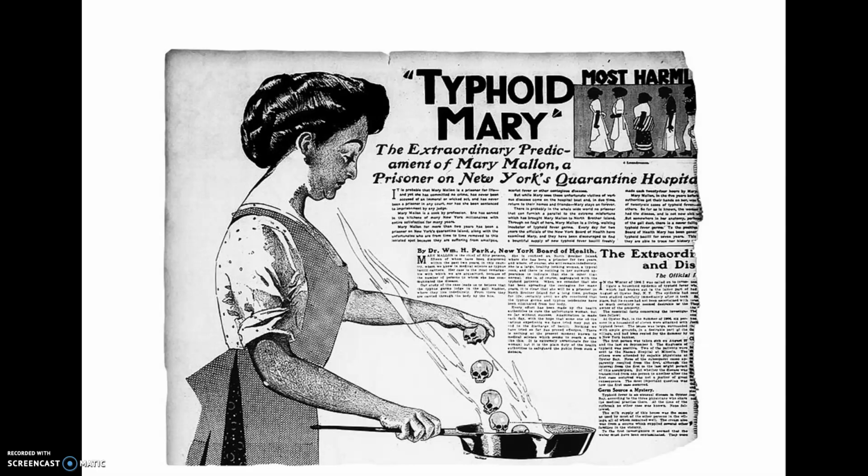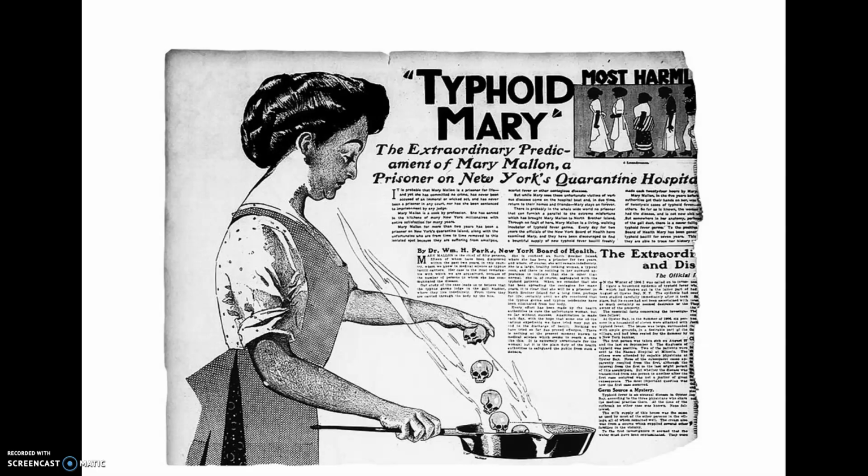She came from Ireland to the New York area in the United States, and she would work as a cook or a cleaner in rich people's homes. She would pass typhoid on to the people who lived there. She has been known to have spread the disease to, I think, over 50 people. Three deaths have been directly traced to her.